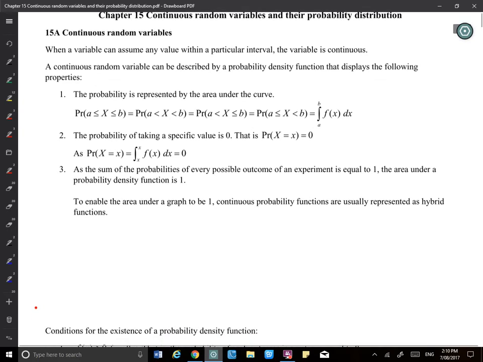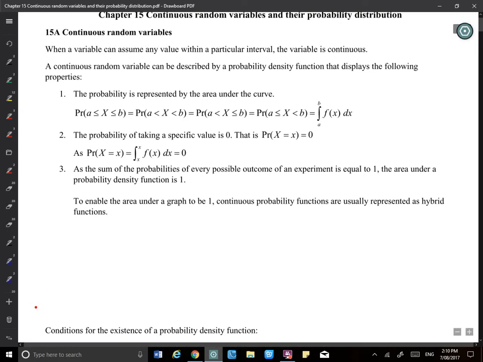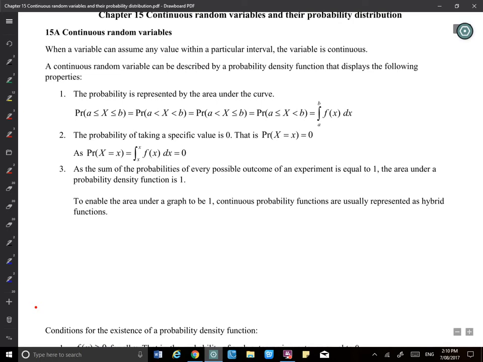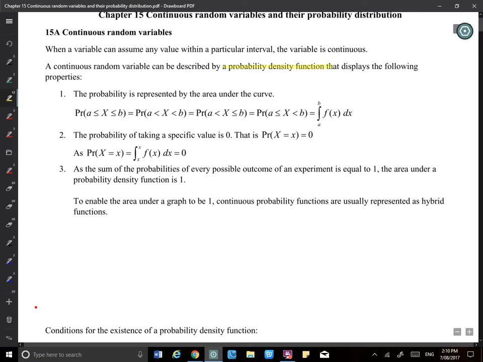A continuous random variable can be described by a probability density function that displays the following properties. First of all, this is not a distribution table anymore. I can't give a table anymore. It must be represented by a probability density function.